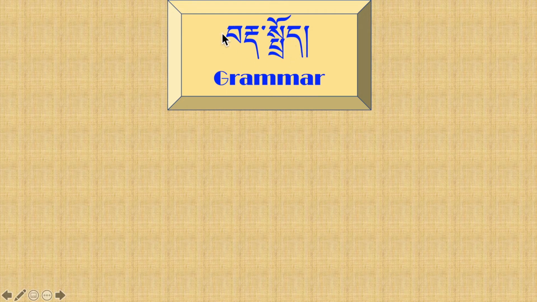In English it is called grammar, but in Tibetan it has the two words da te. This is a perfect term, but there is also a long version, but this is the easy one to understand.